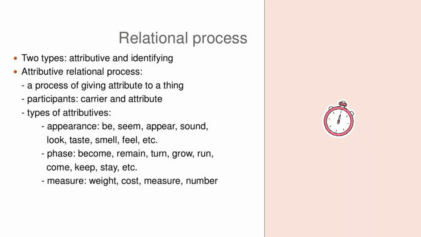Relational process. There are two types of relational process, which are attributive and identifying. Attributive relational process is a process of giving attribute to a thing. The participants are carrier and attribute.